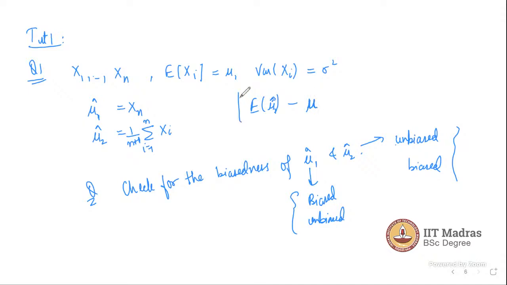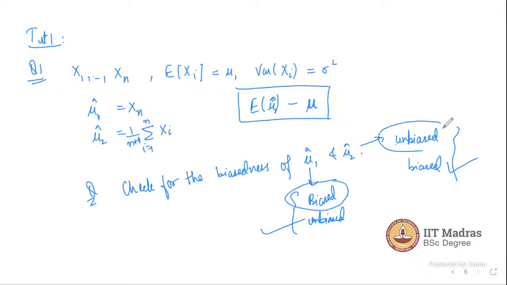Once you do this, if it comes out to be 0, it is unbiased, otherwise it is biased, right? So in this case, the right answer is: mu1 hat is unbiased and mu2 hat is biased. So whoever said mu1 hat is biased and mu2 hat is unbiased, please check your calculation once.